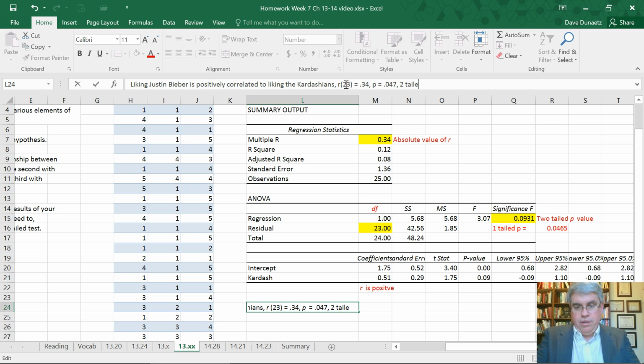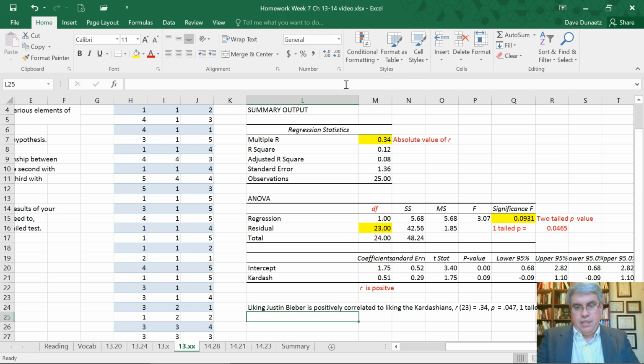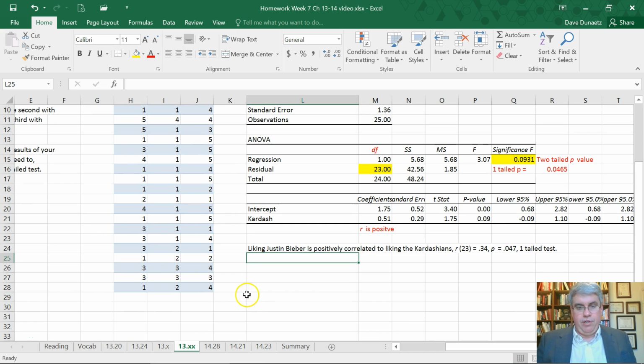That's a one-tailed test. And so that's our conclusion that the hypothesis is supported.